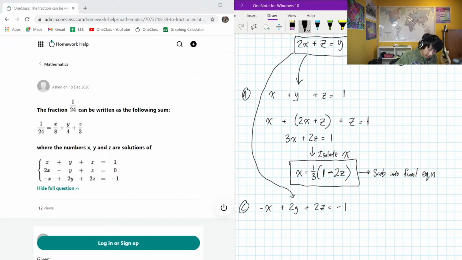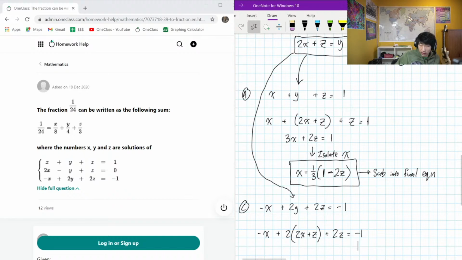We can rewrite this as negative x plus 2. Now the y is multiplied by 2, so what we equate it to also needs to be multiplied by 2. So it's going to be 2x plus z, because that was equal to y, plus 2z is equal to negative 1.